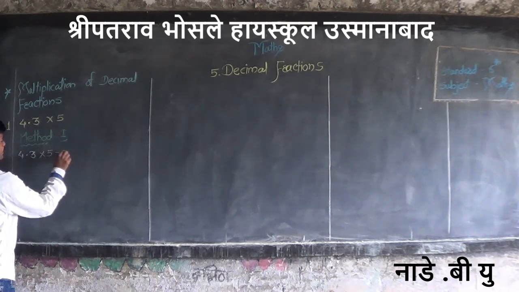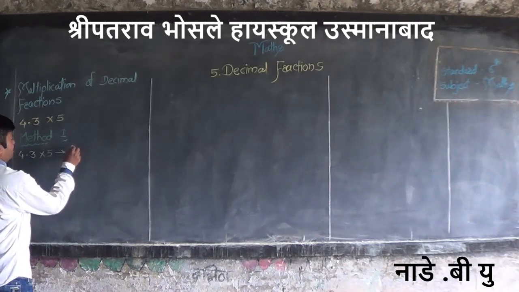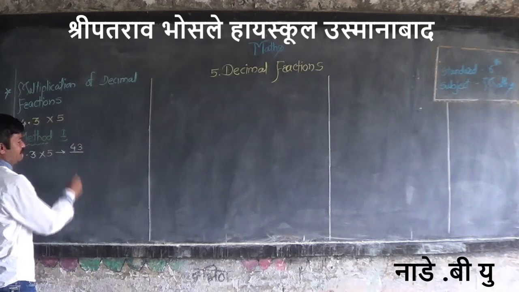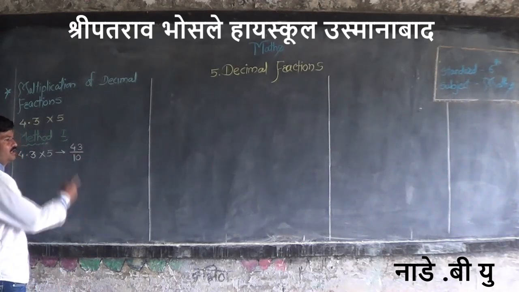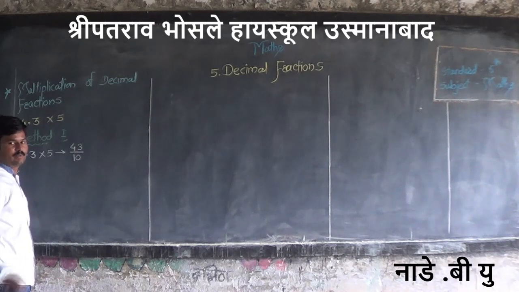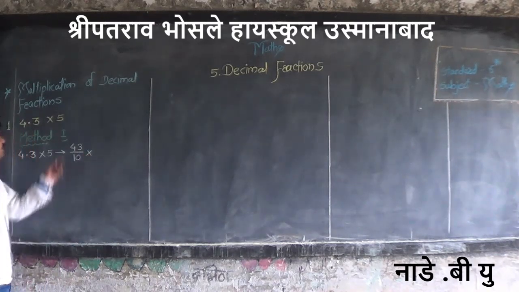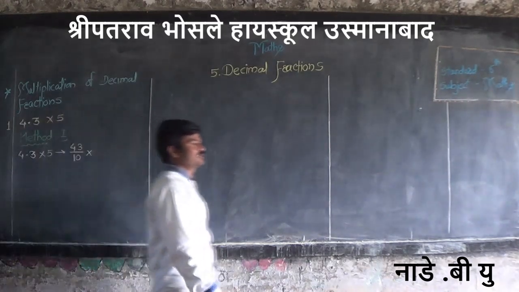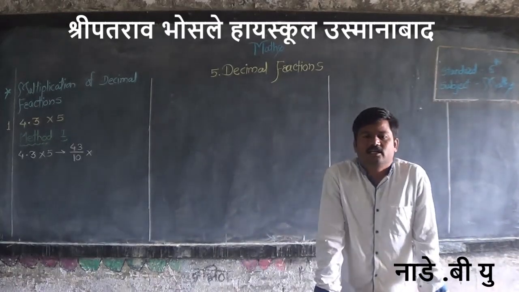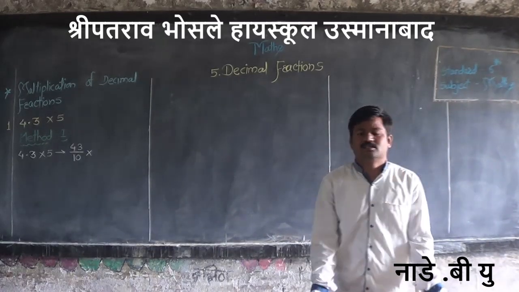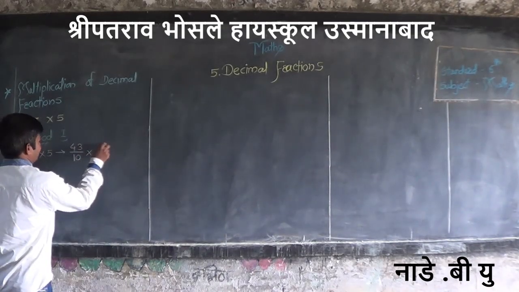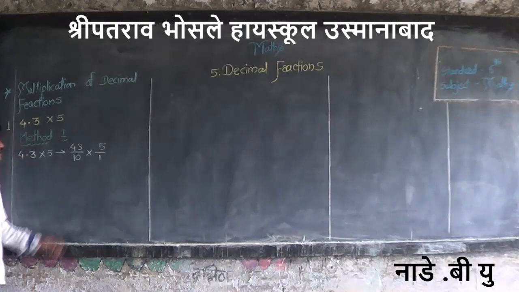Here we convert to a common fraction. Our common fraction is 43 upon 10 into 5. Here 5 is the multiplier and has no denominator written; if there is no denominator, the denominator is 1. Hence the denominator of 5 is 1.